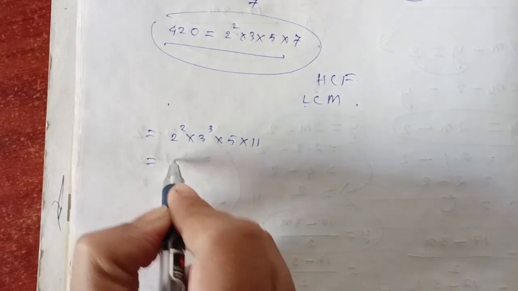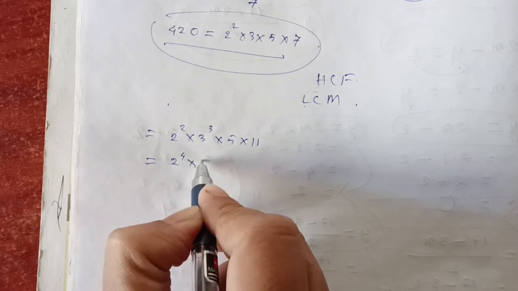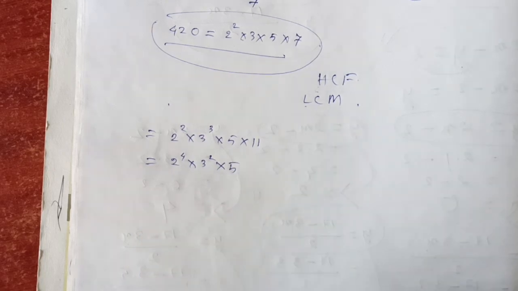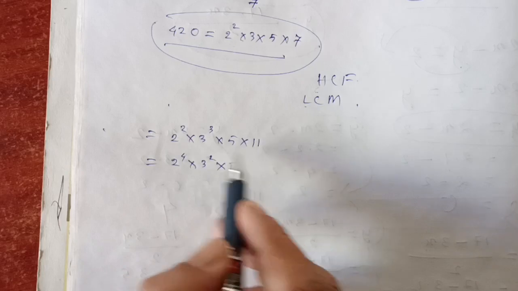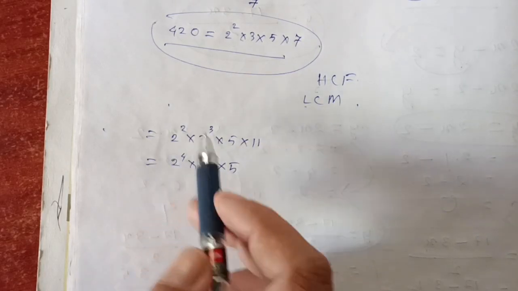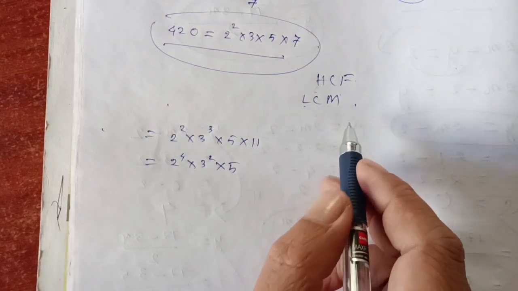Then the next number is, let's say, 2 raised to the power 4, 3 square, then 5. Let's say that these are the prime factorizations for two numbers. Then from here, how do we find out HCF and LCM?